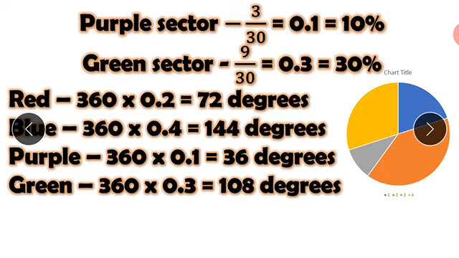Next is this orange one for the blue, which is 144 degrees. The smallest one is purple, which is 36 degrees, and the other one, this yellow, represents green, which is 108 degrees.